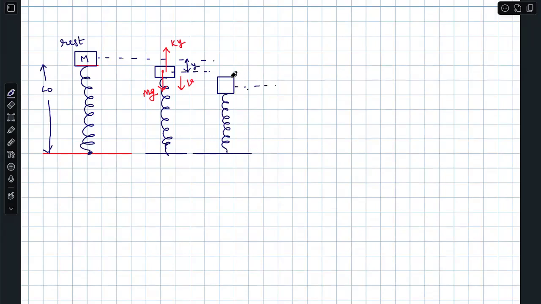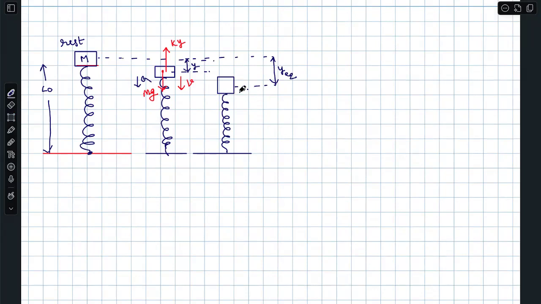Now here, once again, that is the equilibrium level compression. What is the meaning of equilibrium? Now you can see that it has a downward acceleration actually. In this stage, it has a downward acceleration.